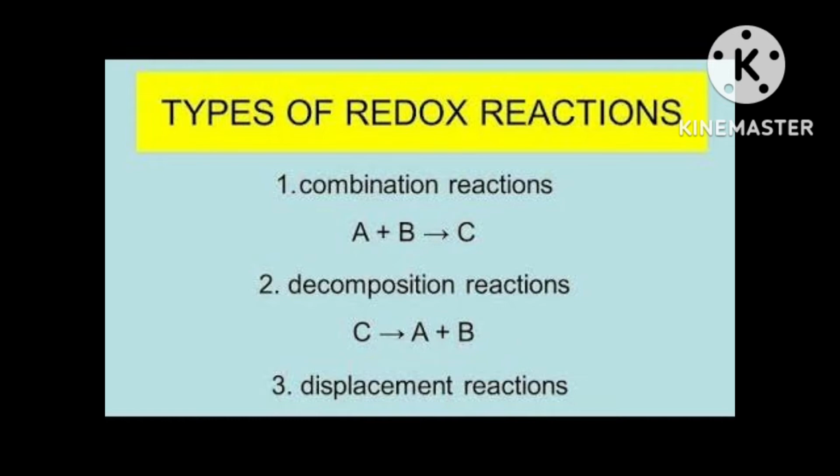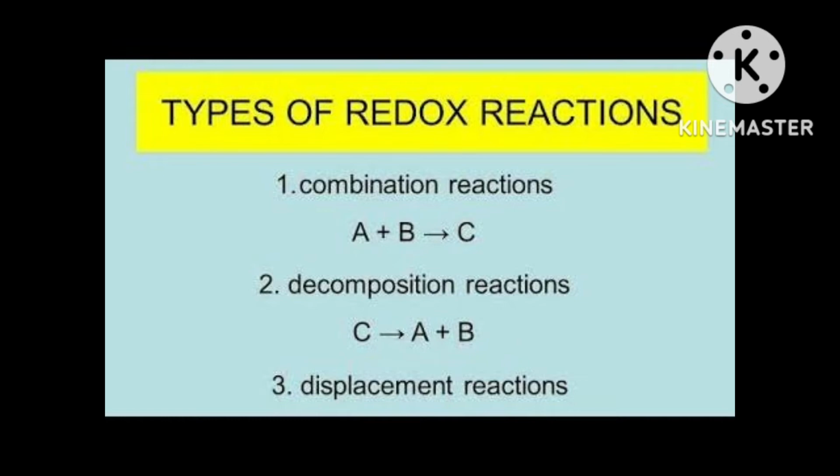Now the product is CO2. Last class I already discussed in detail how to calculate oxidation number. Now, how will you calculate the oxidation number of carbon in CO2? It is very easy.